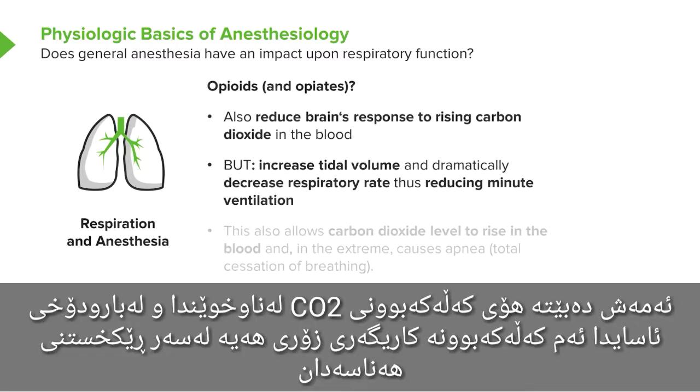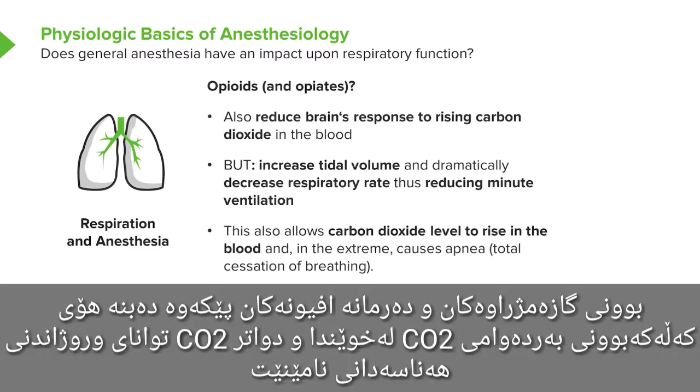The overall effect, however, is still to allow carbon dioxide to rise, which under normal circumstances would have a major stimulating effect upon the respiratory center. However, the presence of vapors or opiates interferes with that response from the respiratory center. So carbon dioxide continues to rise and does not stimulate more breathing.